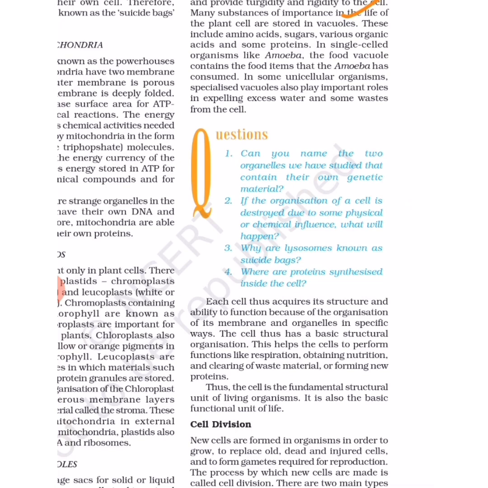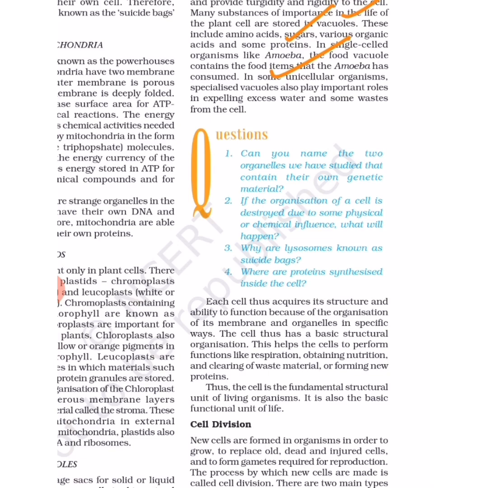Here it's written that these include amino acids, and they store substances like sugars, various organic substances, acids, amino acids, some proteins, etc. And in single-celled organisms like amoeba, the food vacuoles contain the food items that the amoeba has consumed. In some unicellular organisms, specialized vacuoles also play important roles in expelling excess water and some waste.